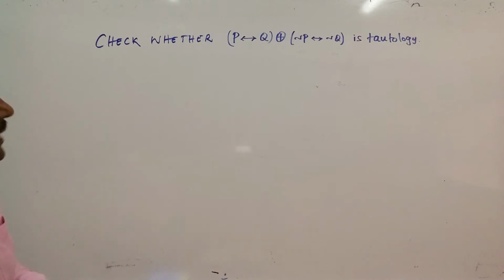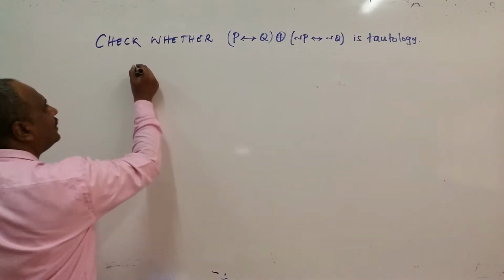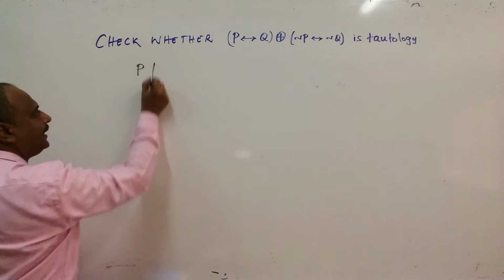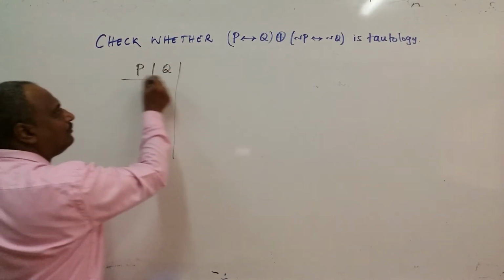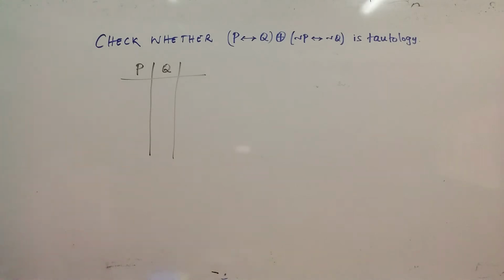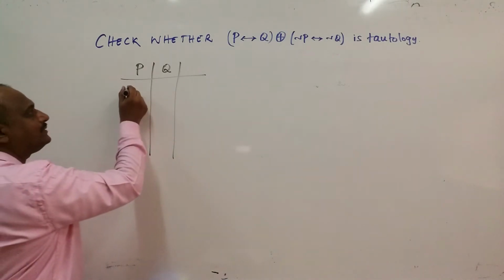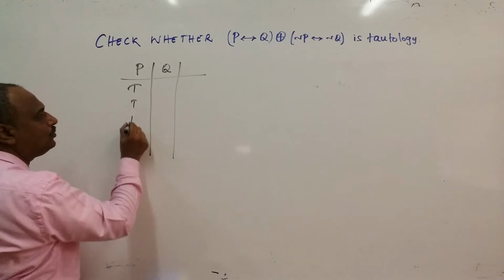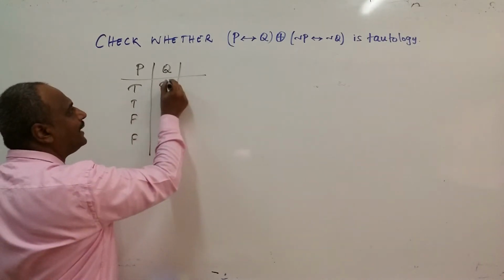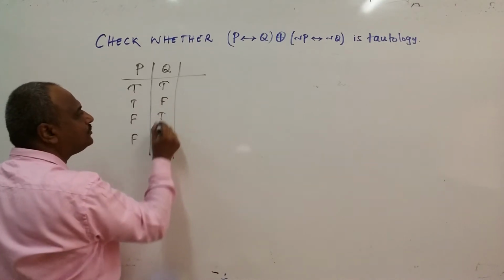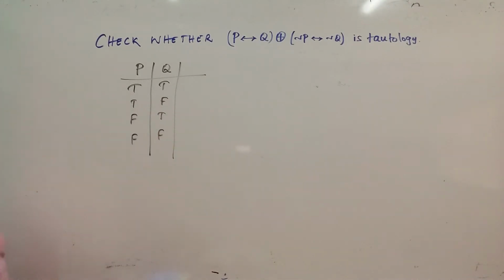So the meaning is that I am going to take the first statement as P, and I am going to take the second statement as Q, and we said our P is always true, false, and Q is always true, false.